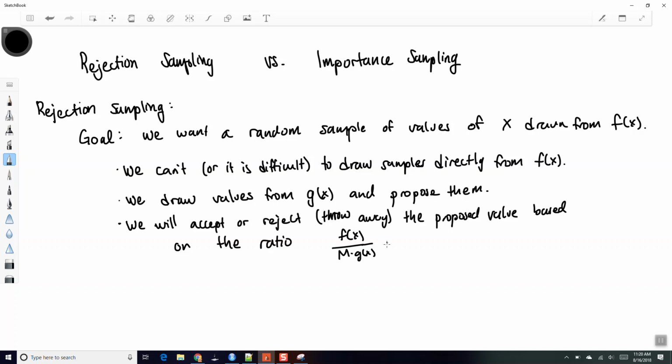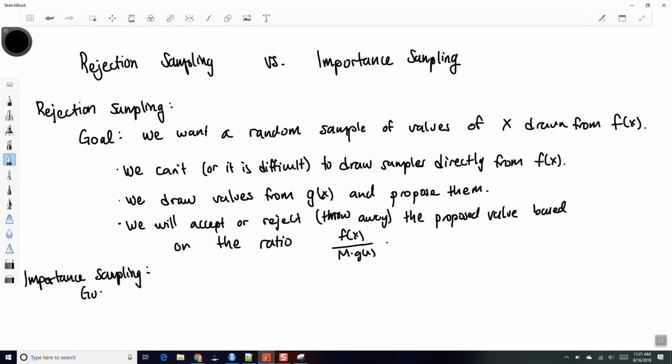So accept or reject, basically throw away the proposed values based on the ratio f of x over m times g of x, okay? With importance sampling, which sampling is not probably the best term, like a weighted Monte Carlo estimation is probably a better term.